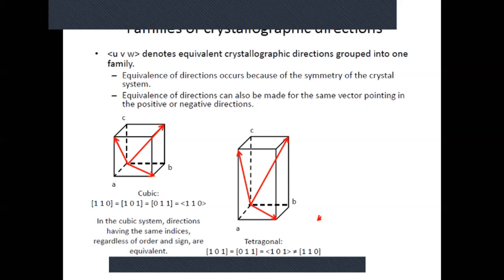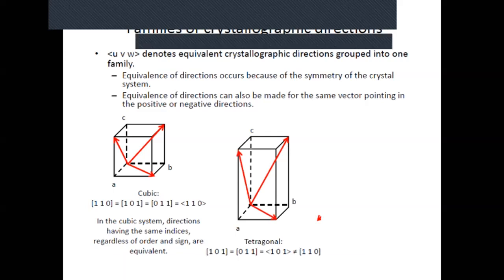Now as for tetragonal, where we have A equals B, but B doesn't equal C, the 1, 0, 1 equals the 0, 1, 1, because again, A and B are the same, which is equal to the 1, 0, 1 family. But 1, 1, 0 doesn't equal 1, 0, 1 or 0, 1, 1 because A and B are not the same as A and C and B and C. Since A and B are the same, when they're with C, they're equivalent positions.